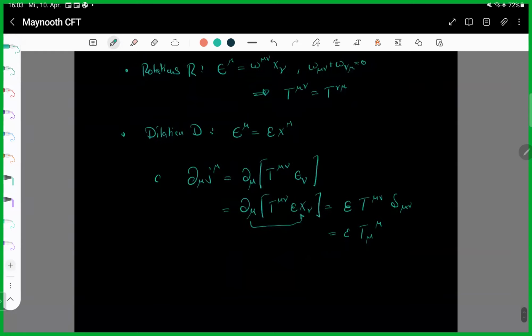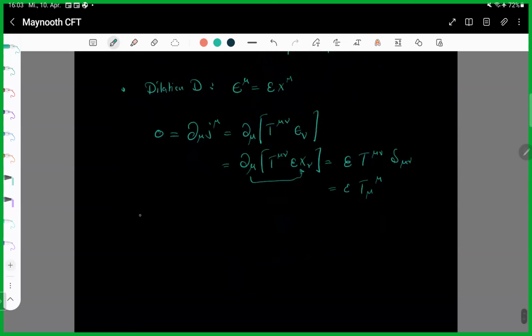And conservation demands, and this is one of the main lessons of this section, that scale invariance implies tracelessness of the energy momentum tensor T mu nu. This is one of the hallmarks of CFT.